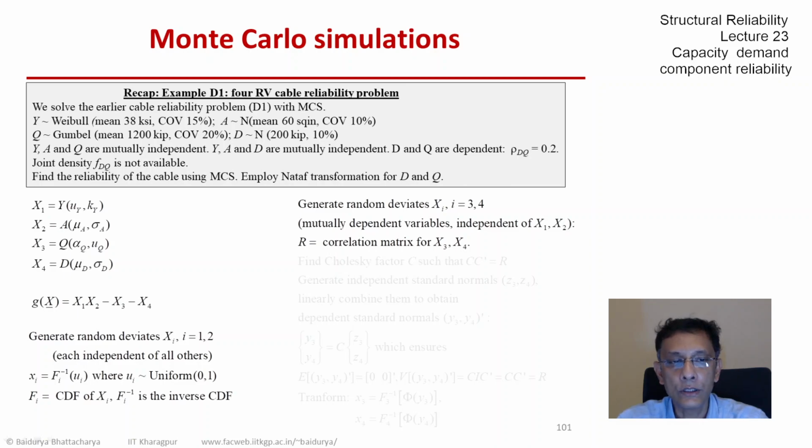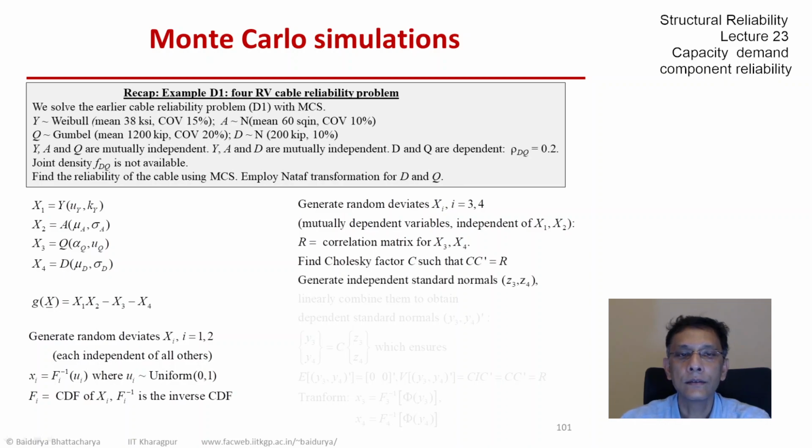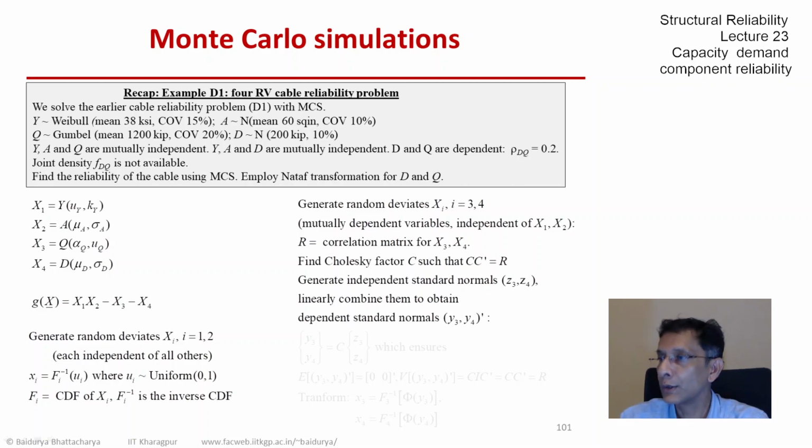So we have the correlation matrix, the 2 by 2 matrix, and we do a Cholesky factor, the lower Cholesky factor C, such that C C transpose is equal to R. And then we generate independent standard normals, Z3 and Z4, and then we combine them linearly to obtain dependent standard normals, Y3 and Y4, with the help of C. So Y3, Y4 are linear combinations of Z3, Z4.